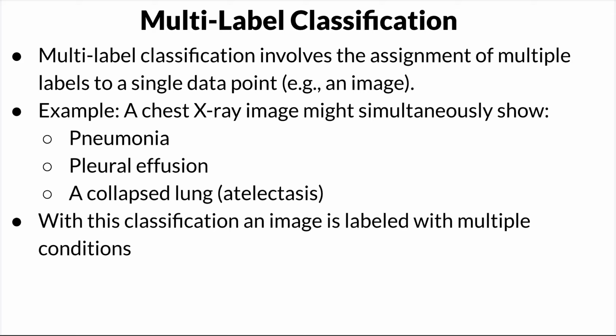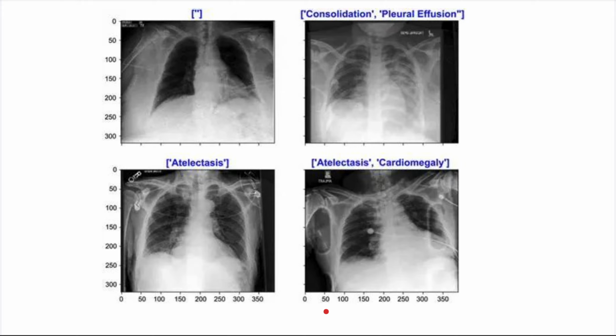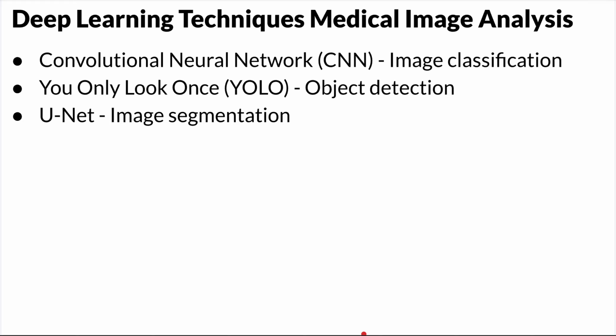It's just one X-ray image, but it gives you all the possible labels that the image has. That is multi-label classification: one image, but with different labels.